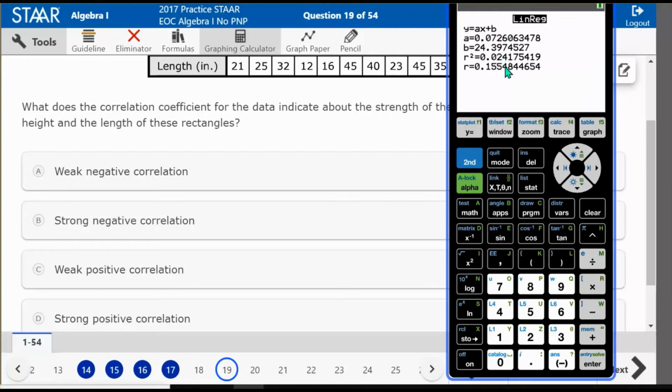We know it's a positive correlation because the number isn't negative. When you're doing linear functions, make sure you look at the r squared diagnostics, not the r. It's not a negative correlation. If it's closer toward 1, it's a more positive correlation. This is a weaker positive correlation, so it's C.